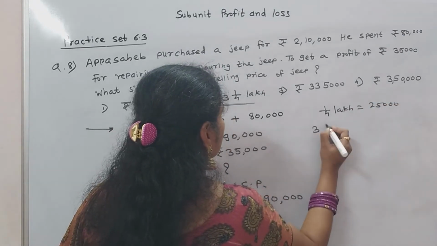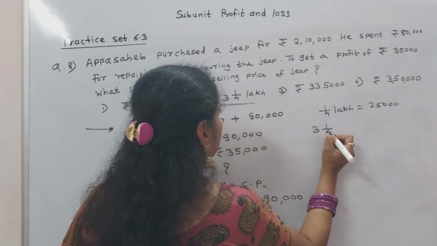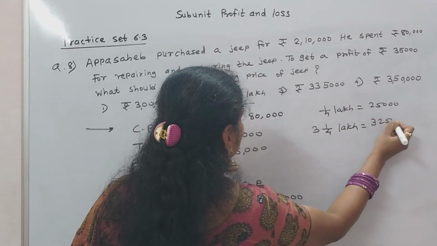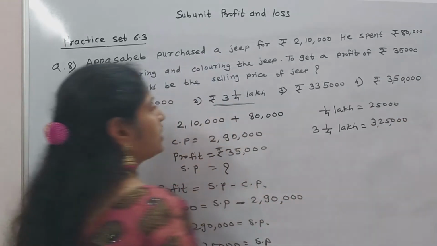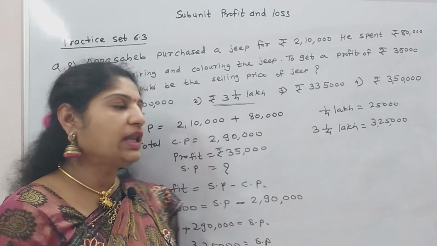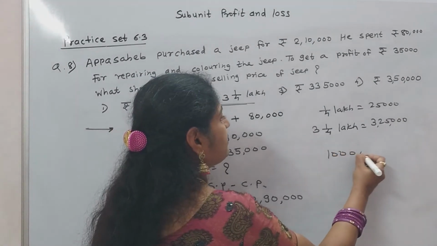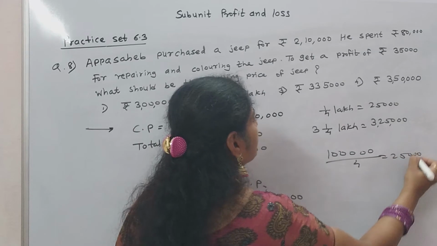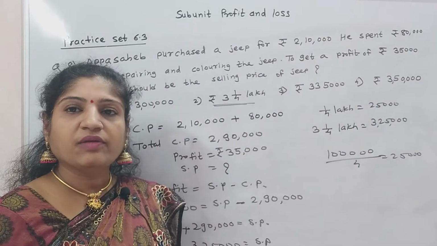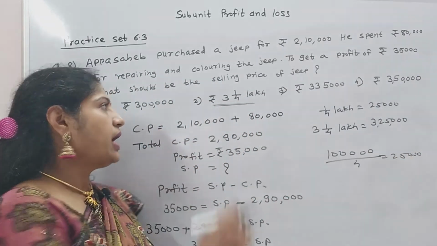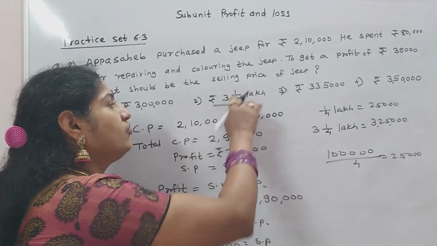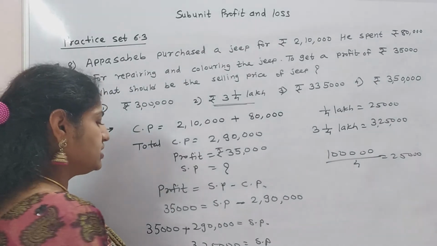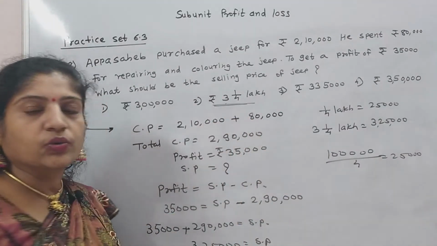So 3 and 1/4 lakh means 3,25,000. 1 lakh and 1/4 means divided by 4, that is 25,000. So our answer is option number 2.